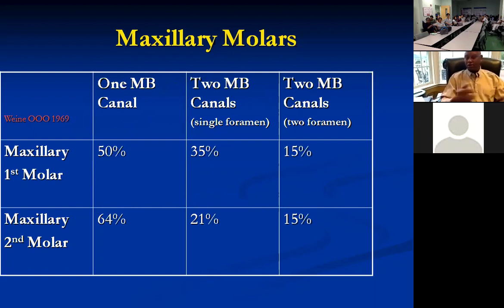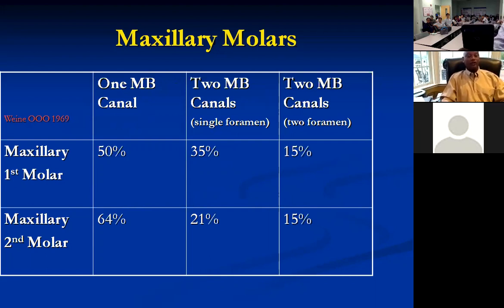So that means you've got another 50% that have a 4th canal, or 2 canals in the mesial buccal root. 35% of them have 2 canals with 1 single foramen. And then you've got 15% that have 2 canals with 2 separate foramen. Those are the ones that we're really concerned with, that 15%, because the foramen is separate in those canals.